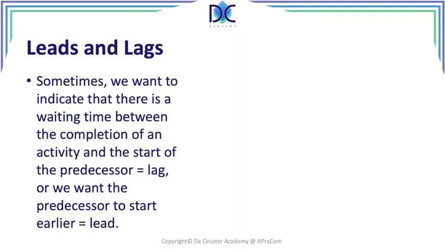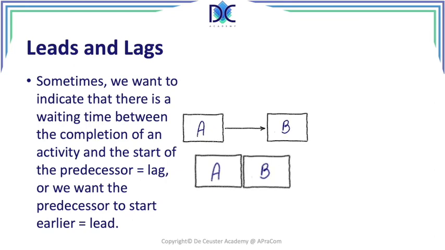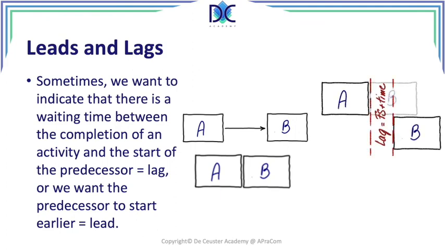So let's have a look. When we have a typical finish to start activity from A to B, we see that A and B are linked in the Gantt, when we look at the time of the activity. So activity A finishes and then B starts. Now, when we have a lag, it means we will wait a certain time after A is finished before we start with activity B. On the other hand, we will have a lead time.